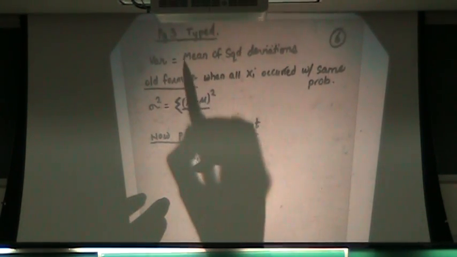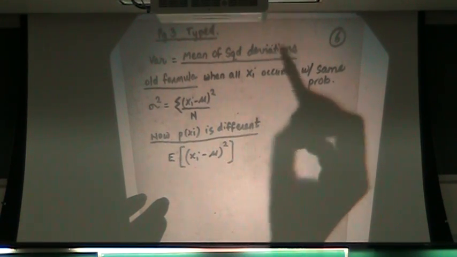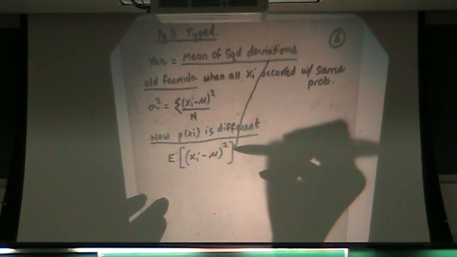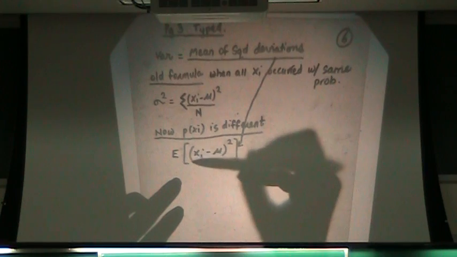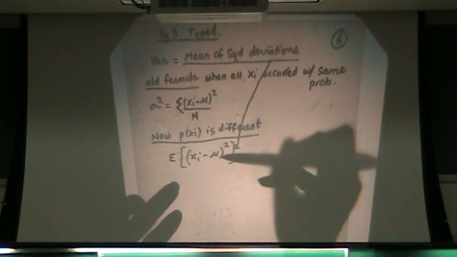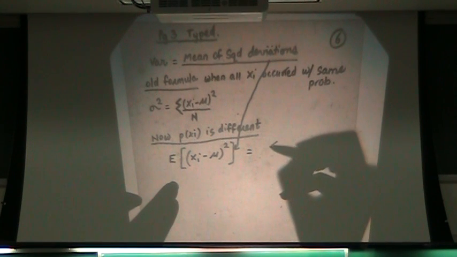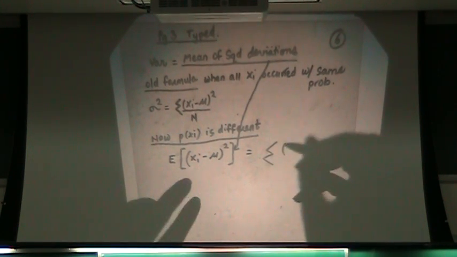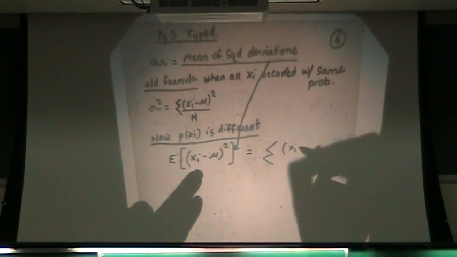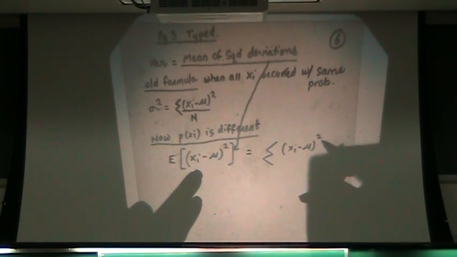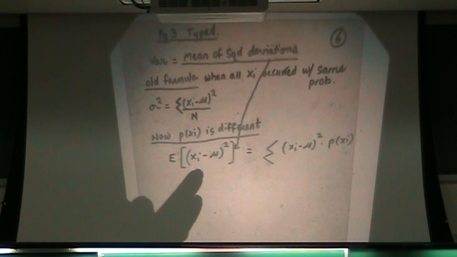Find the mean of the squared deviations. I'm still using the same definition. So to find the mean of some function, you find E of that function, which is like this, right? Summation, let's write the function here, xi minus mu squared times P of xi. Do you see what I've done?